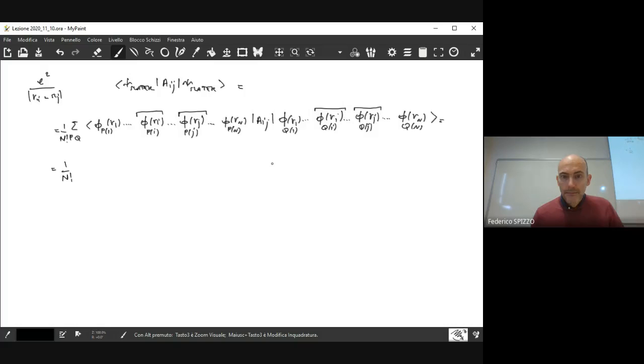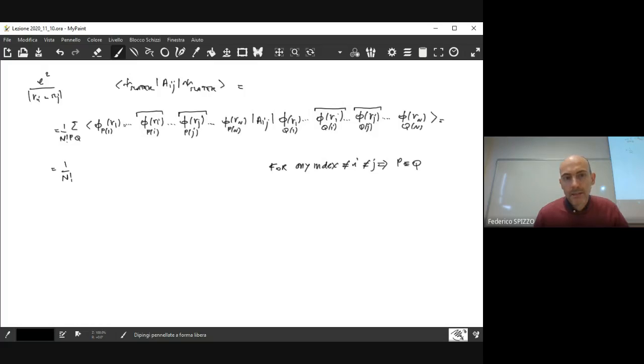So for any index that is different from i and different from j, P has to be equal to Q. The two permutations have to be exactly the same over, for instance, index 1.